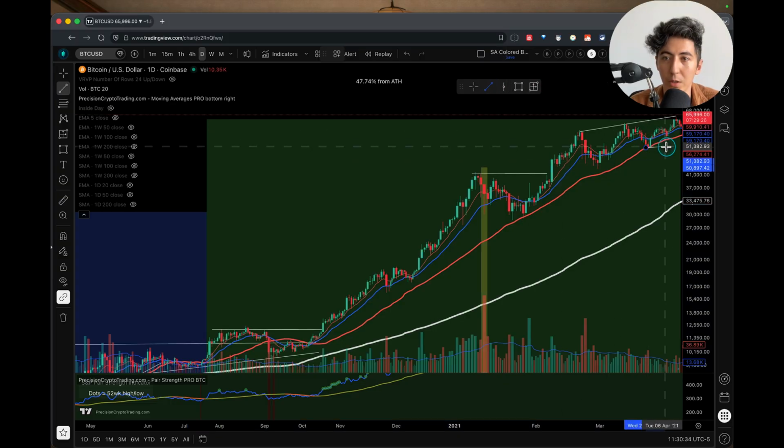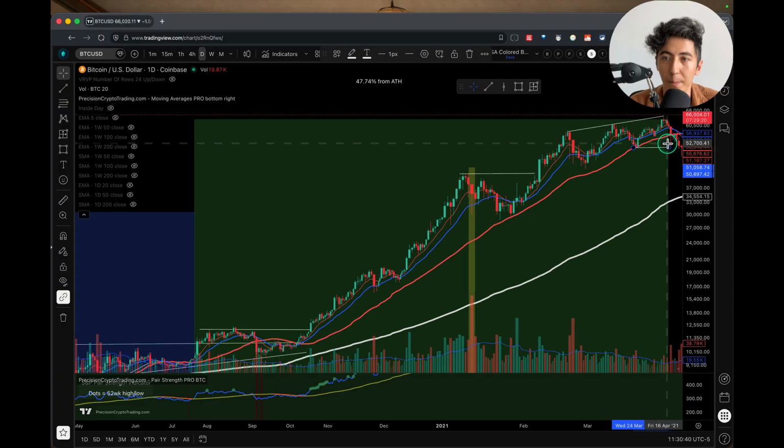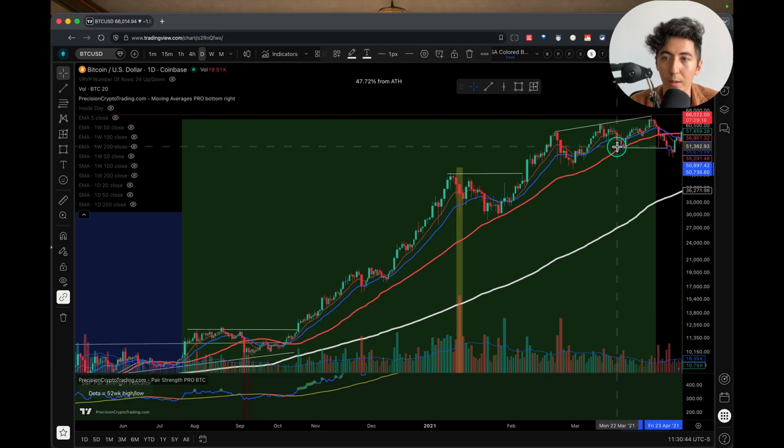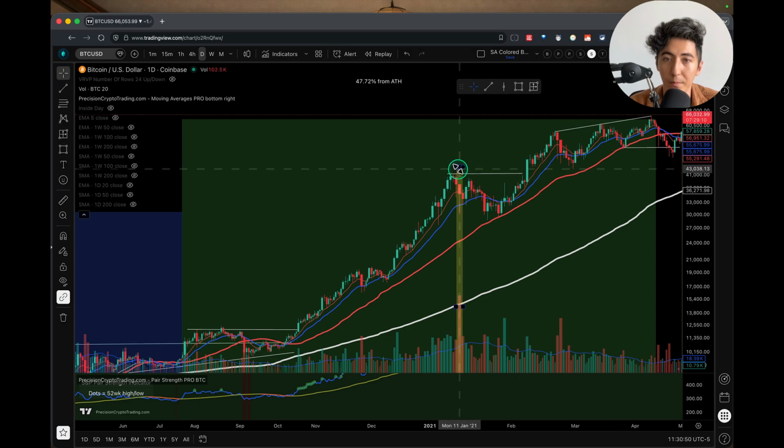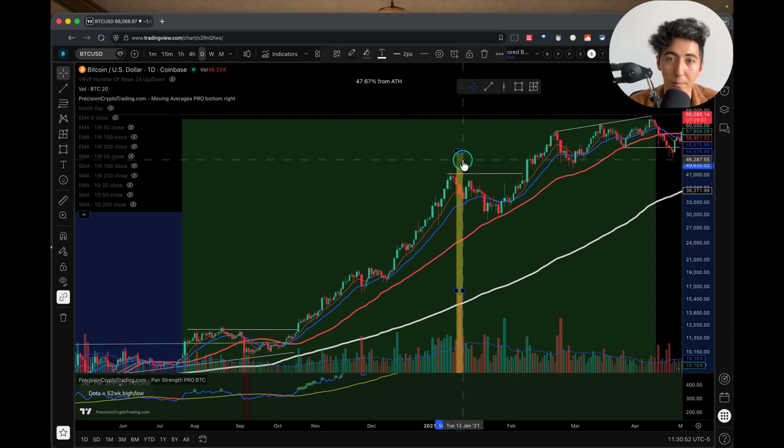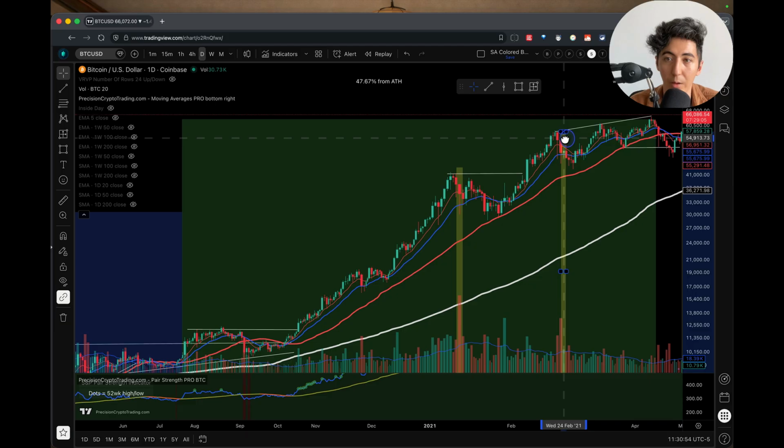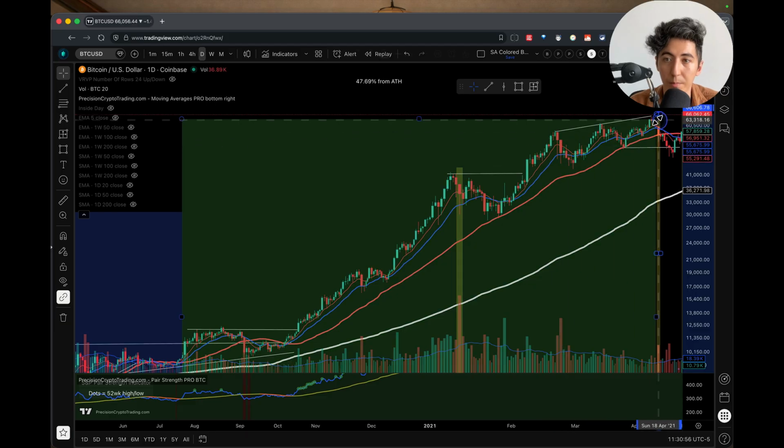So I want to watch these areas. Like over here. And look at that. Touches down to our trend line. Breaks below the trend line and closes. So I'm flagging this. Another distribution event.